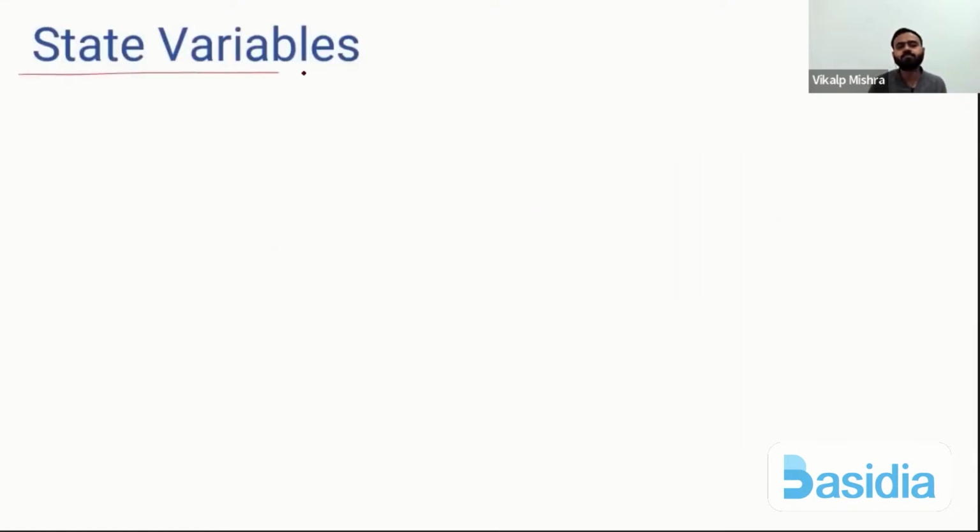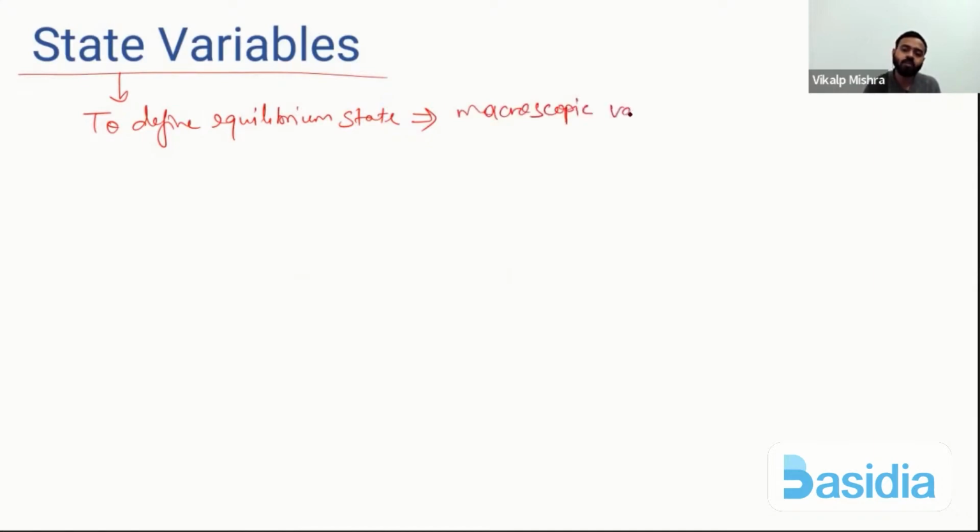State variable. To define the equilibrium state, we want some macroscopic variables.